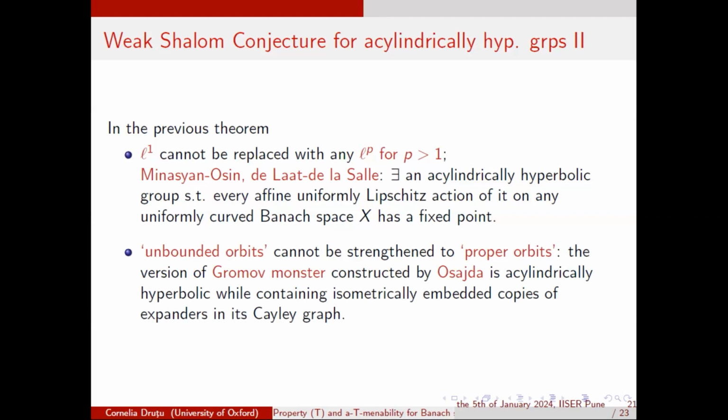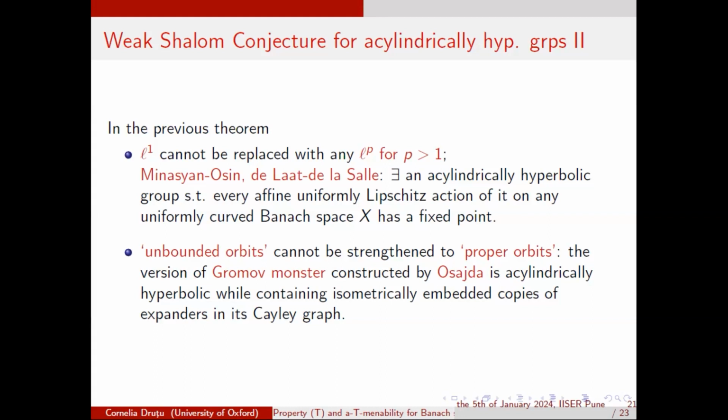The Gromov monsters are a set of infinite groups with the property that given infinite families of expanders that satisfy a particular property, we can embed them uniformly in the Cayley graph of that group.